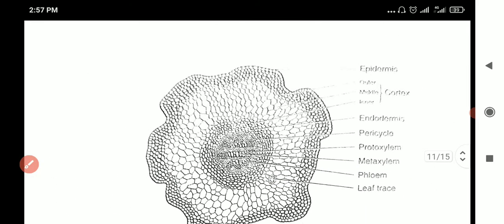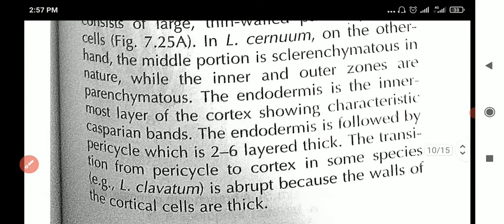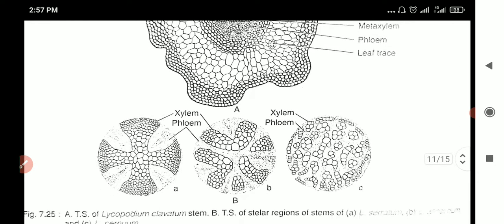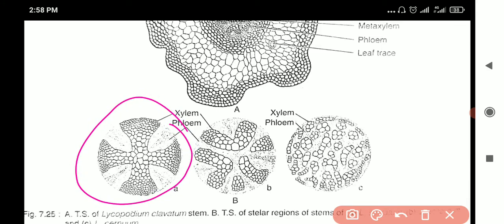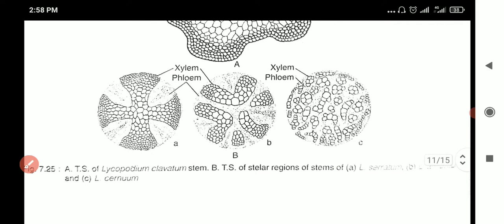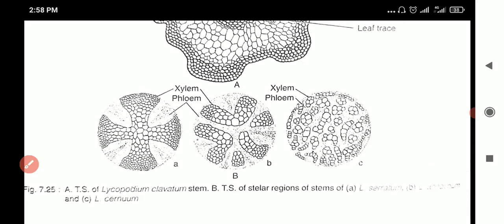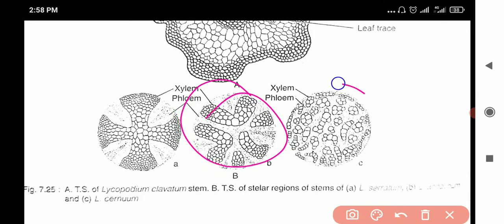So we saw the diagram, very easy. Now it also has a star shape of xylem, a star-shaped stele. It has this shape of stele also, this type of stele also, and this type of stele also.